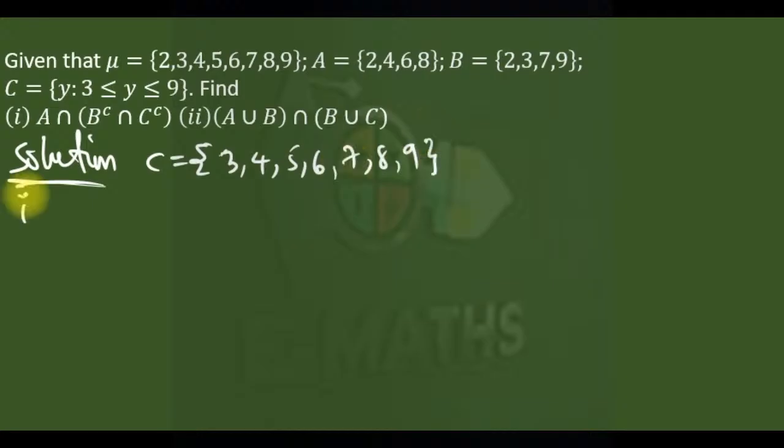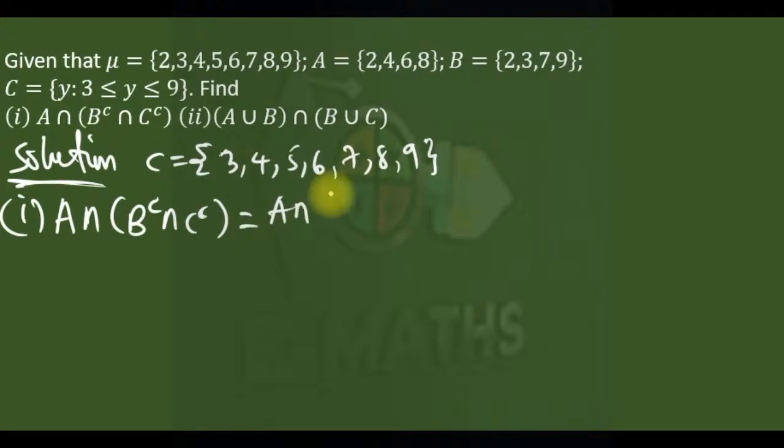Coming to the first question, they say A intersection B complement intersection C complement. Now I can move this to A intersection, by De Morgan's law, B union C, complement.